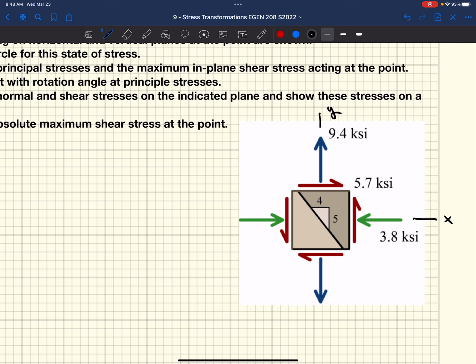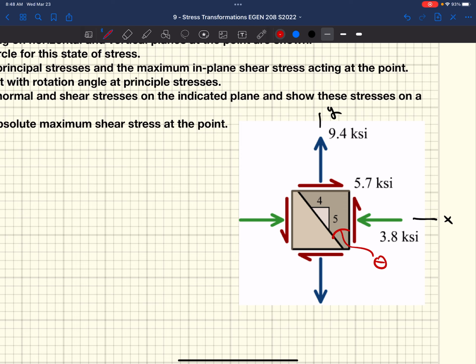So we really need to look at what's going on this X face, and if we rotated it to orient to the face of interest, what are our stresses? We really want to know what that theta is, because we're going to take the X face that's vertical and lean it back until it's oriented with respect to this face.